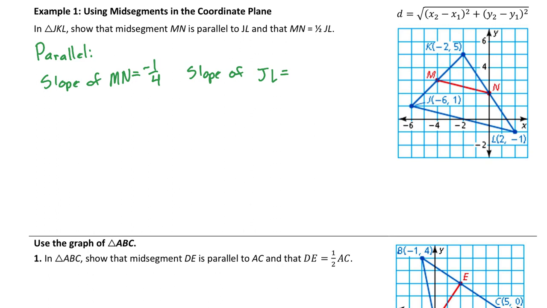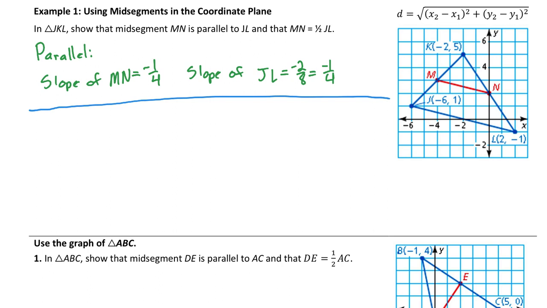So the slope of JL, I go down 2, right 8. So -2/8, which is -1/4. So by showing that the slopes of those segments are the same, or that they're equal, we showed that those segments are parallel. Okay, the mid-segment MN is parallel to JL.